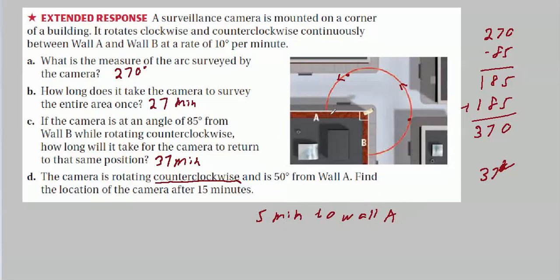So it comes 100 degrees away from wall A. It should end up, let's see, that's 90, right about here. After 50 minutes, that would happen. What would happen? 5 minutes this way, and then 10 minutes traveling 100 degrees this way.